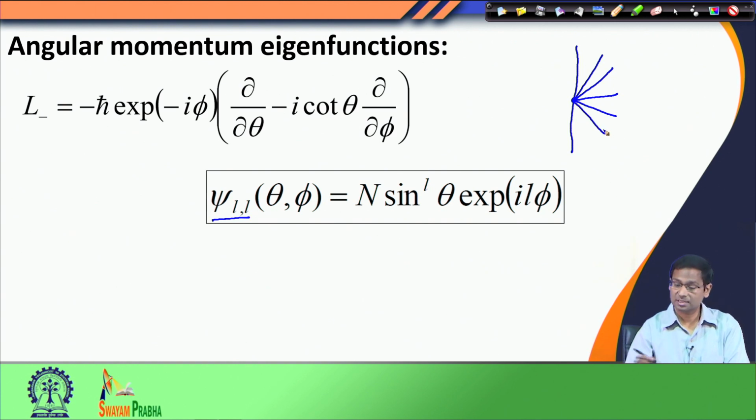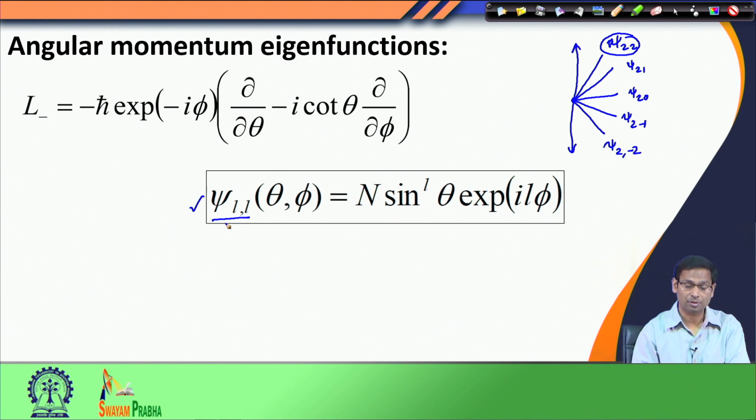I am drawing the 5 eigenfunctions corresponding to L equals 2, for example: psi 2 2, psi 2 1, psi 2 0, psi 2 minus 1, psi 2 minus 2. Now, this functional form is valid when m is equal to L.